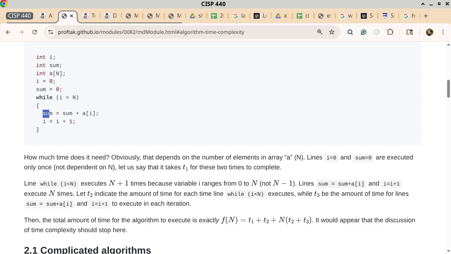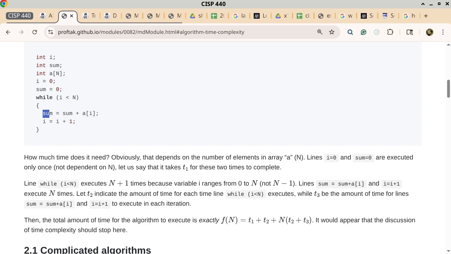Okay, question? We'll talk about that. So right now, f of n is not a time complexity, but well, I take it back. f of n is not an order of magnitude. f of n is the exact amount of time it takes for this algorithm to execute.